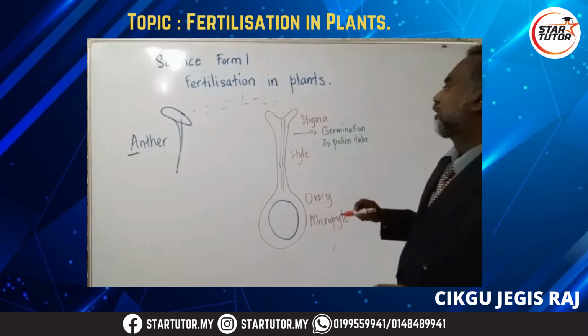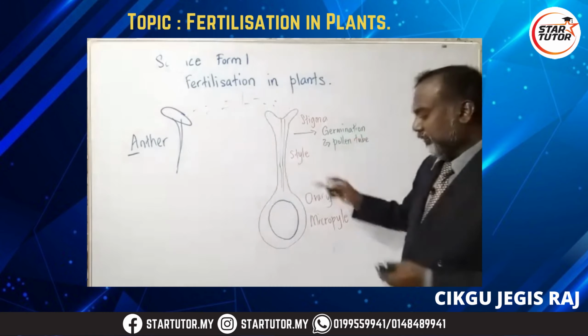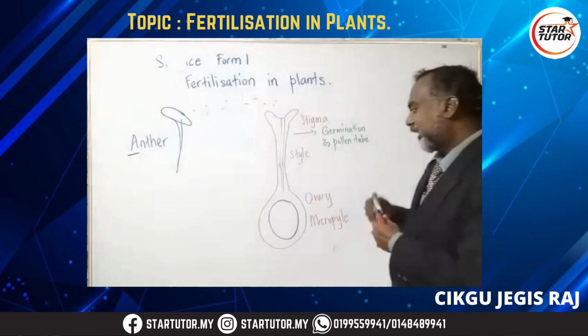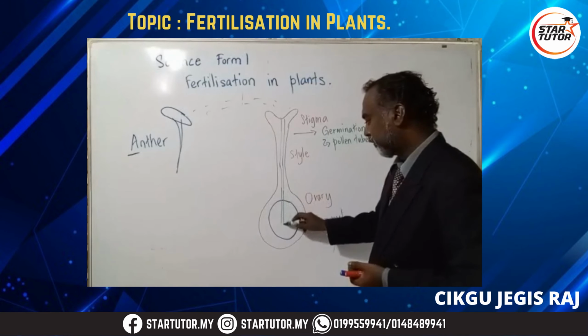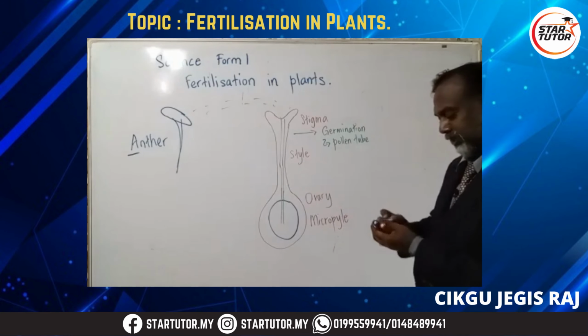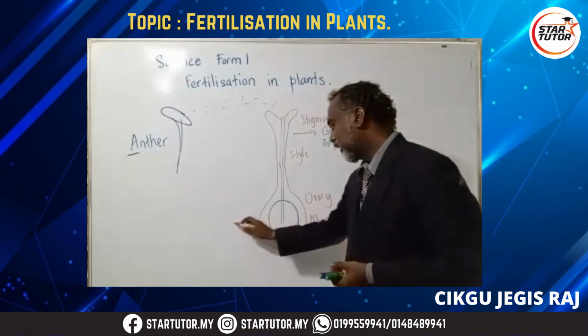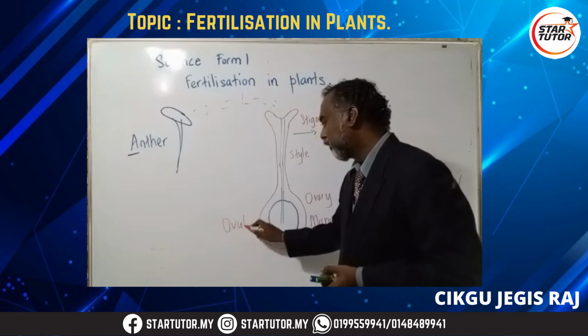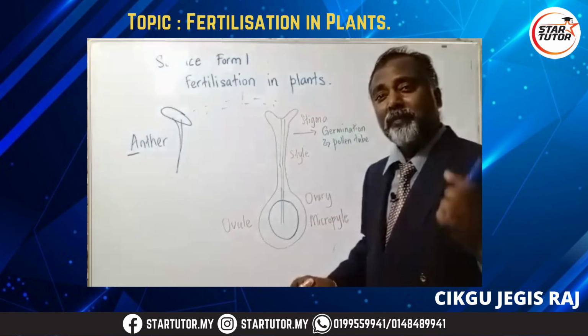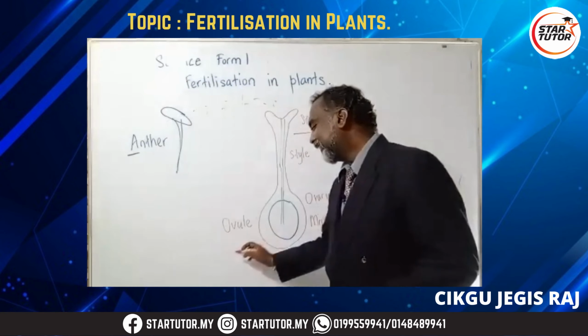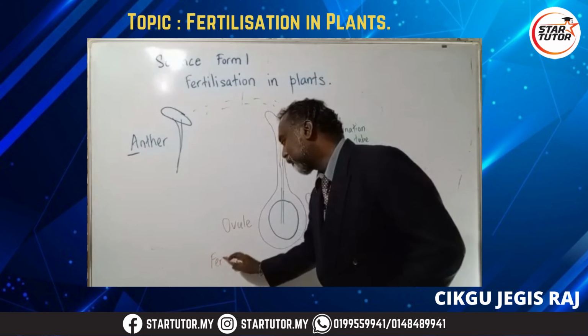Once the pollen tube penetrates through the micropyle, it will reach the ovule, the last part, the ovule. At the ovule, this is where the male gamete and female gamete will combine and fertilization takes place.